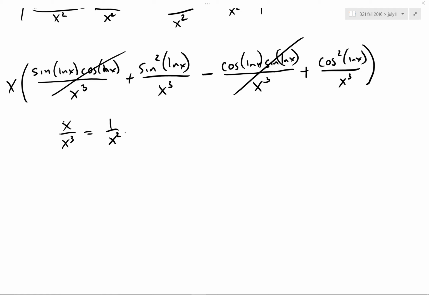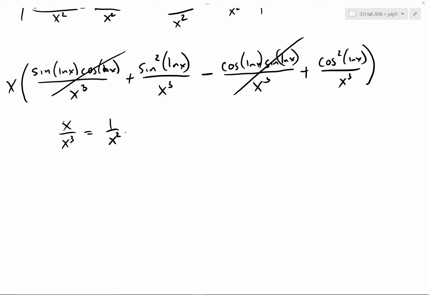So it's going to be negative this cosine out here times this bit here. So you're going to end up with cosine squared ln of x over x squared plus sine ln x cosine ln x over x squared. So that's my second minor.